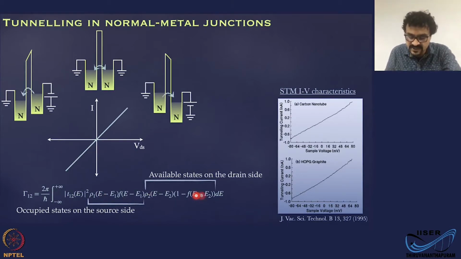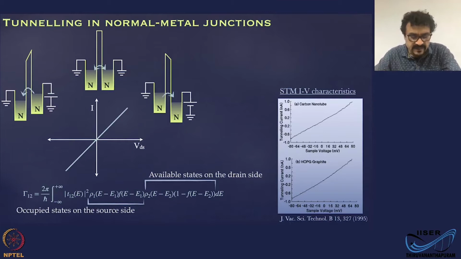And the last two terms tell you how many empty states are there on the drain side to accept those electrons. Multiplied by the transmission coefficient of the tunnel barrier, that gives you the tunnel rate. And that is integrated over the energy window that is exposed by the voltage that you apply.